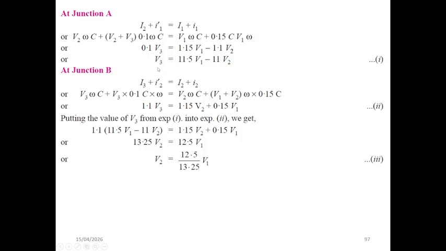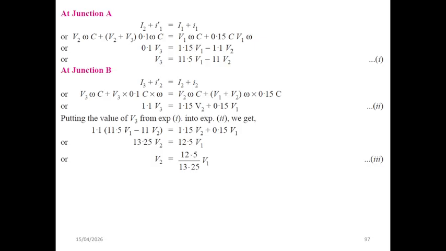Similarly, at junction B, KCL is applied again to form another equation involving the same voltages, by substituting the expression for V3 obtained from the first equation into this equation. We have two equations with three variables, so one variable can be removed.